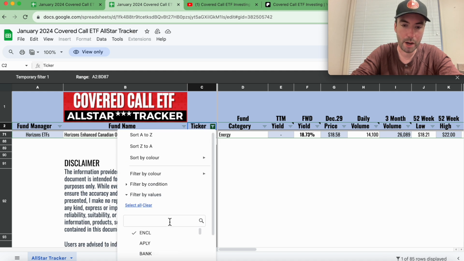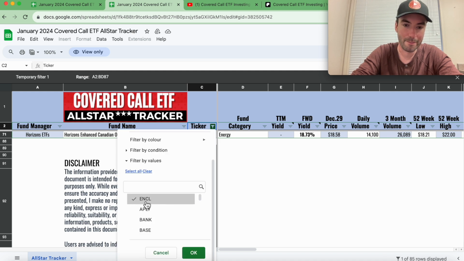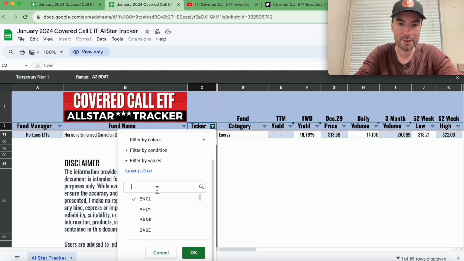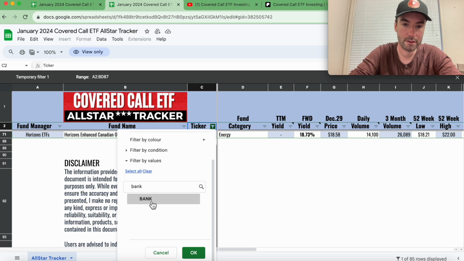Let's actually populate that with some more. Let's go bank. Let's also go HHL. I want to try to put as many different sector funds in here, something that'll capture everything.